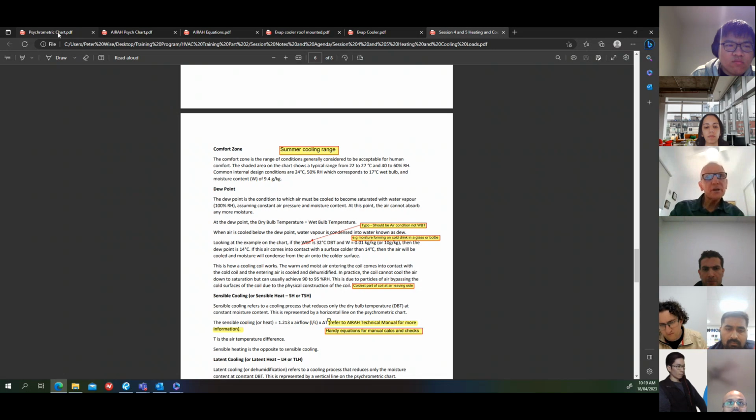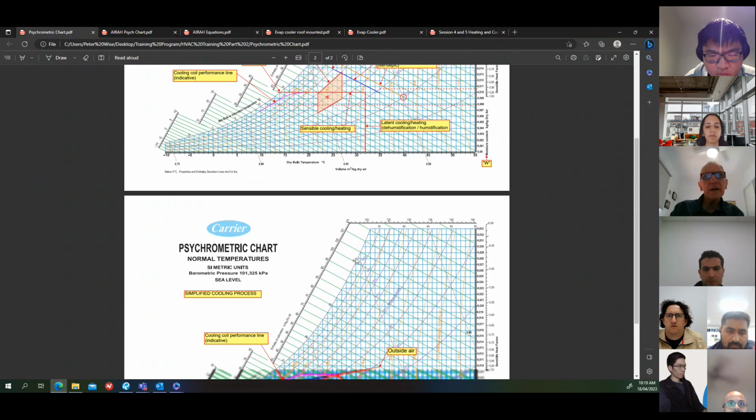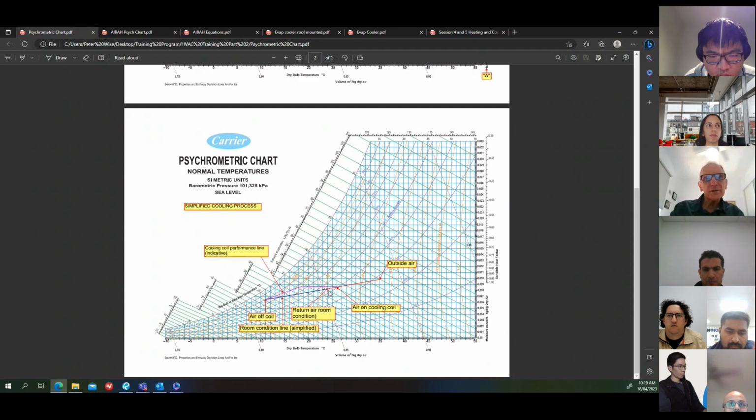So on the psychrometric chart, what I've shown here is, if you're cooling air from this point here, for instance, well, I'll show you on this one. So this is a simple air conditioning process. The return air is mixed with outside air, and this is the air on the coil, or the air entering the coil.